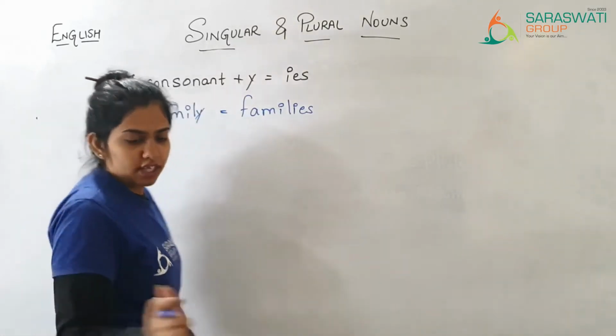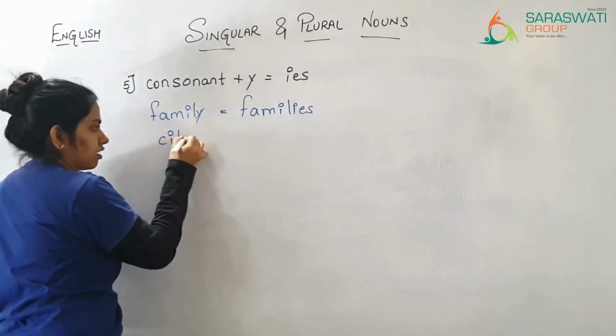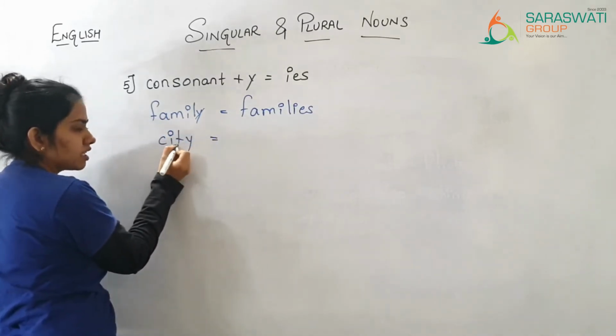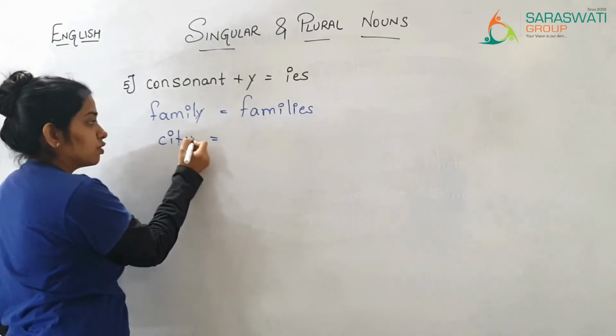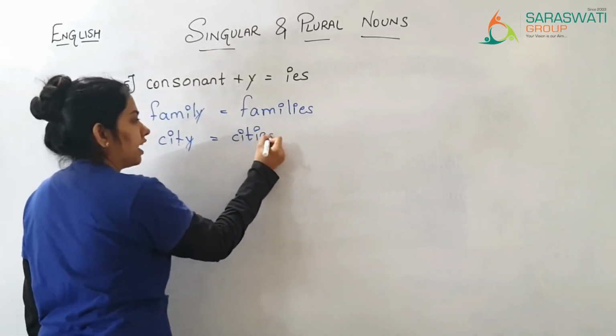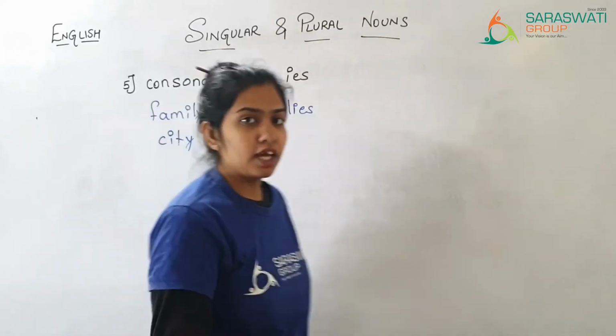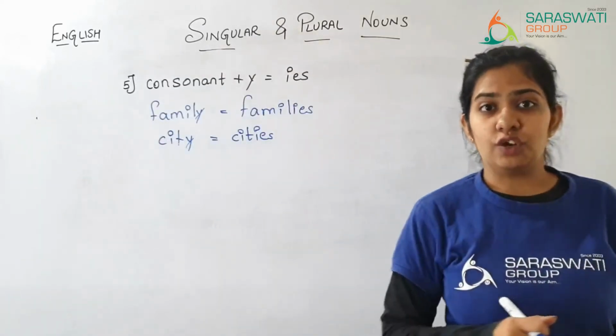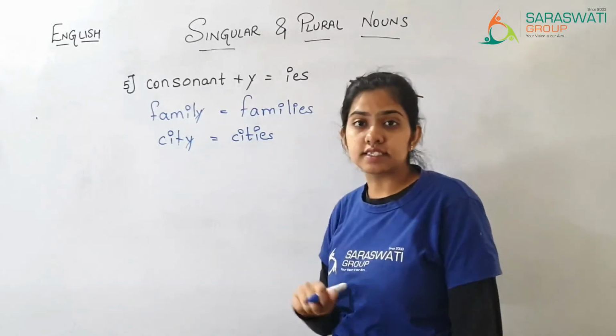Families. Now city. So again Y and the previous letter is consonant. So you have to cut this Y, write CIT and add IES. Cities to make plural, right? City, cities.